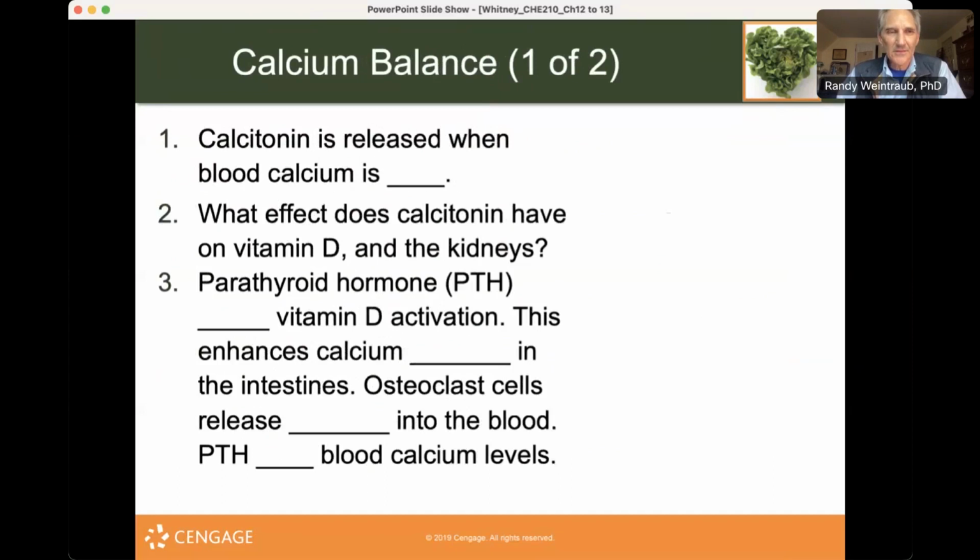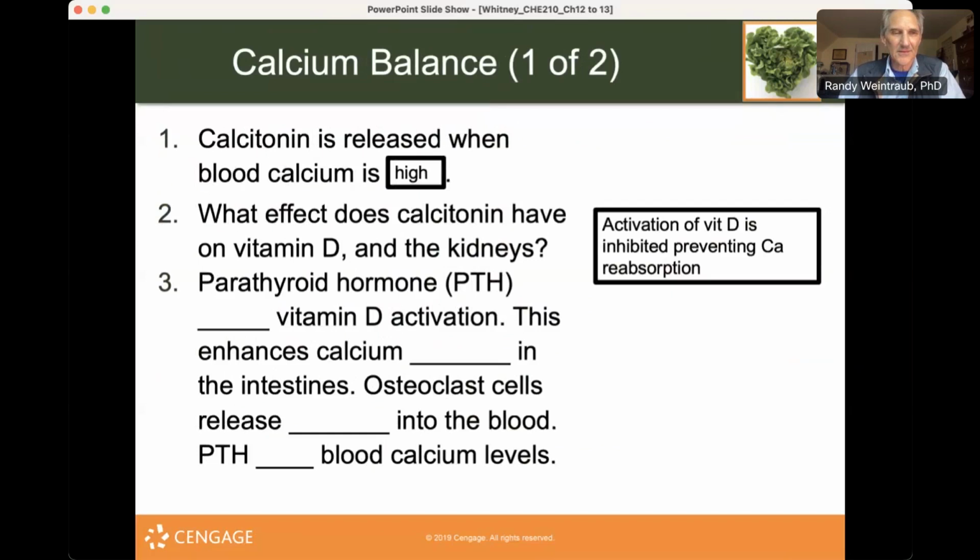Calcitonin is released when blood calcium is high. What effect does calcitonin have on vitamin D and the kidneys? Think about that. Parathyroid hormone is what stimulates vitamin D activation and absorption.